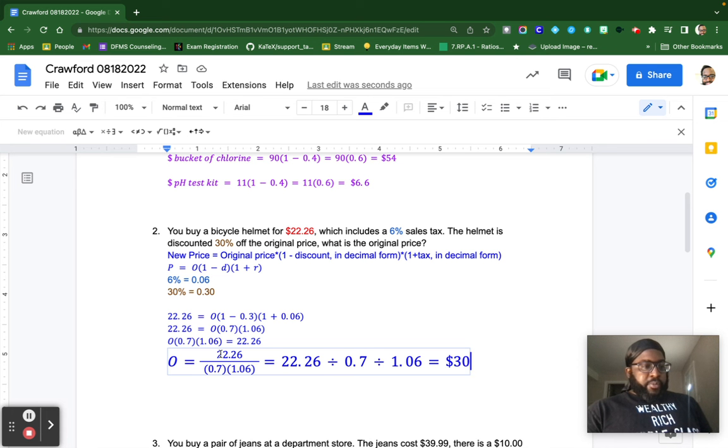I have a guess, but I'm hoping my guess is correct. Oh, it was correct. So I could have done 0.7 times 1.06 and had 22.26 divided by 0.742, which is the same thing as what I did.